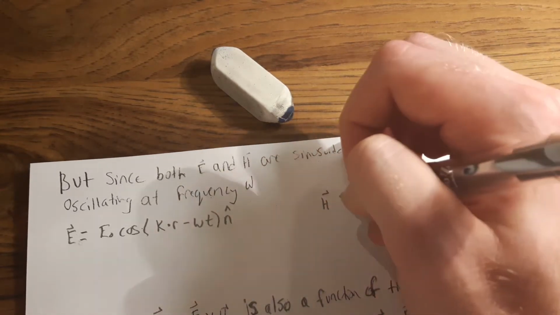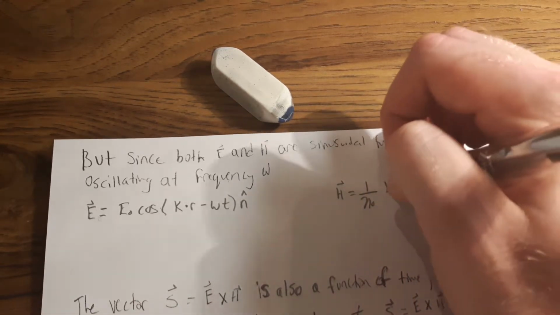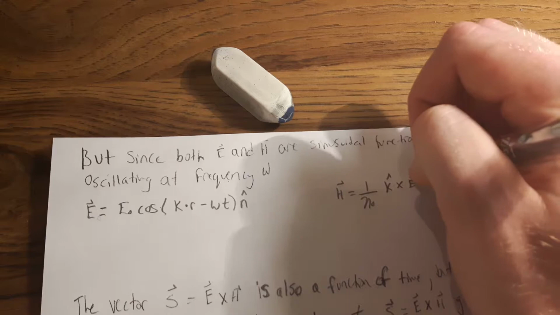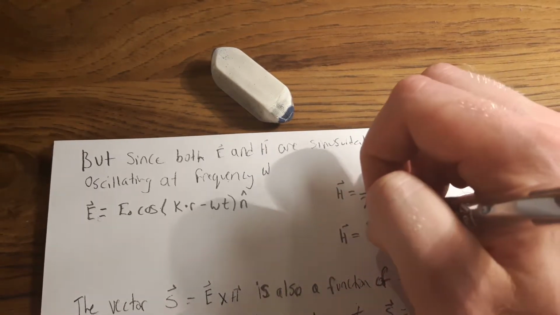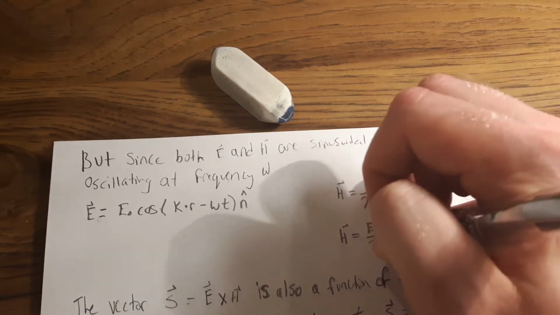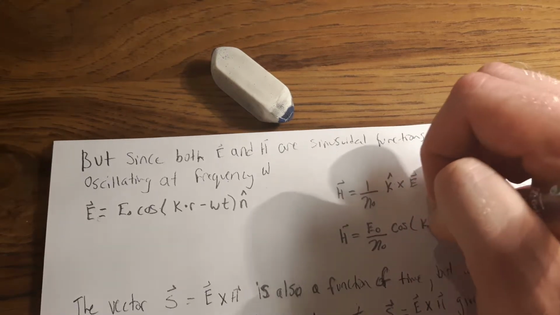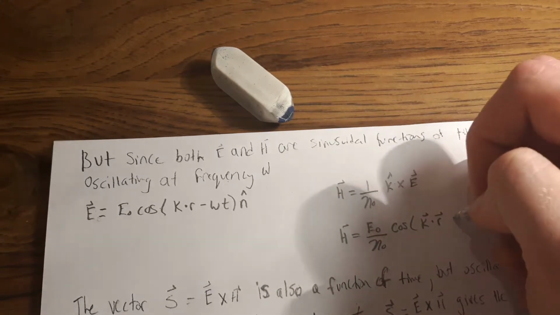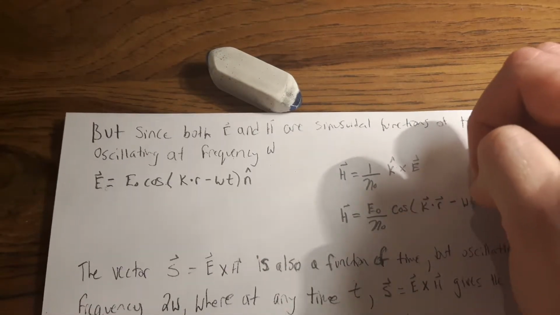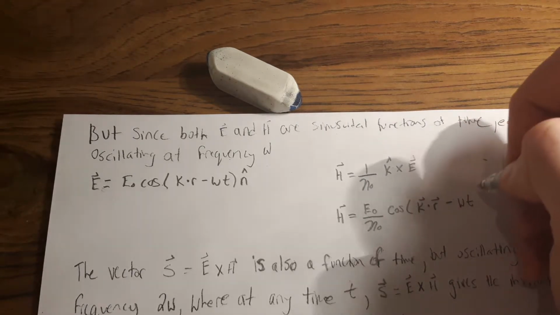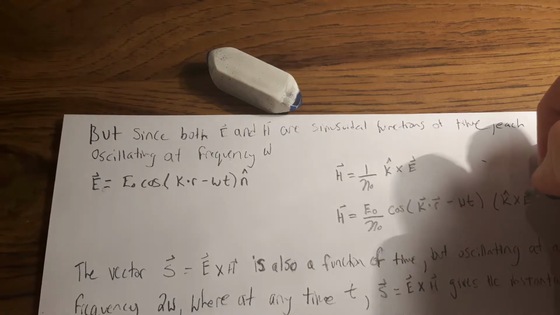The H field is equal to 1 over eta naught k hat cross the E field, which can be simplified to E naught over eta naught cosine of k dot r minus omega t in the direction of k cross E.